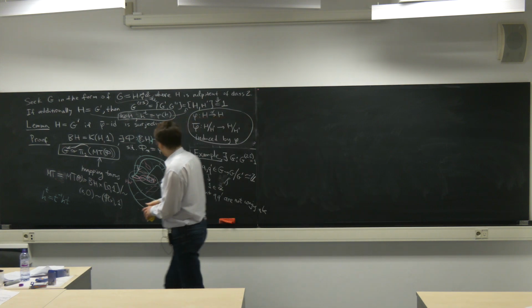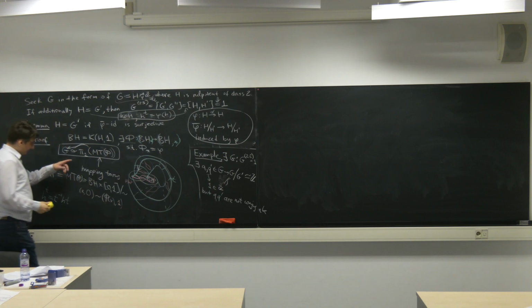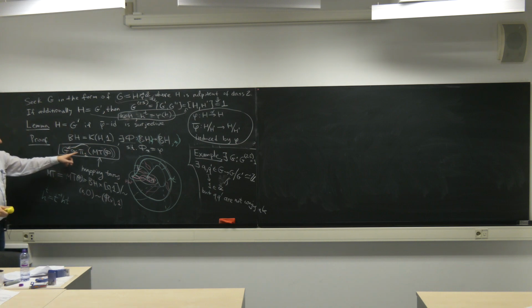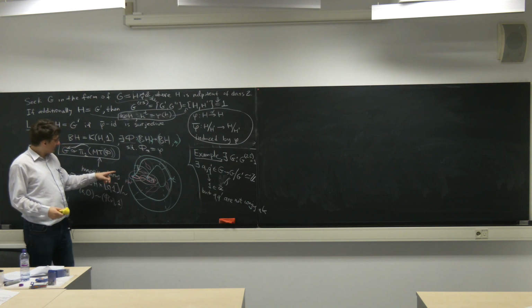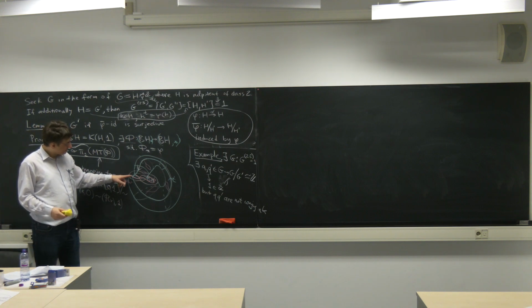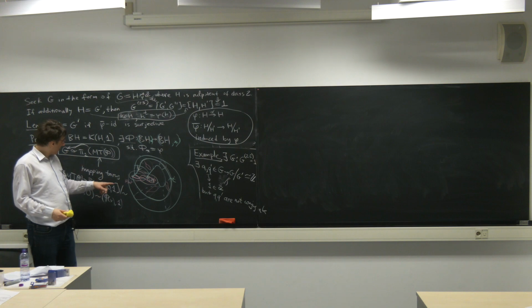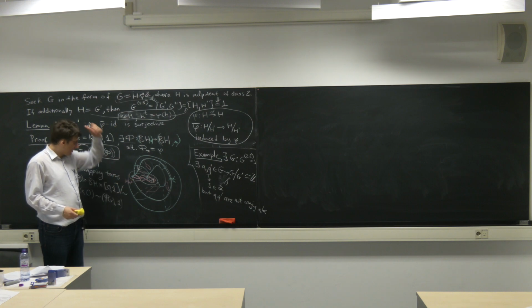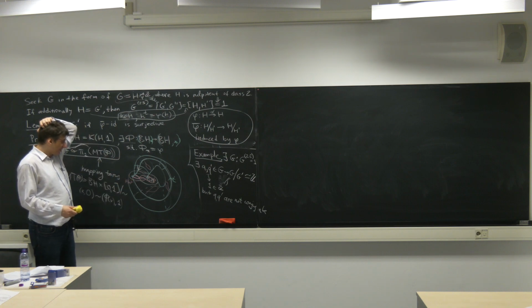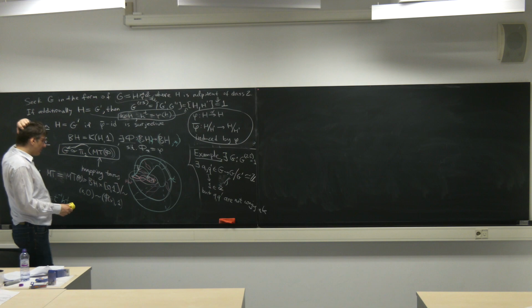I think you can also argue geometrically to prove that this map is injective. You can consider some loop which goes to 0.